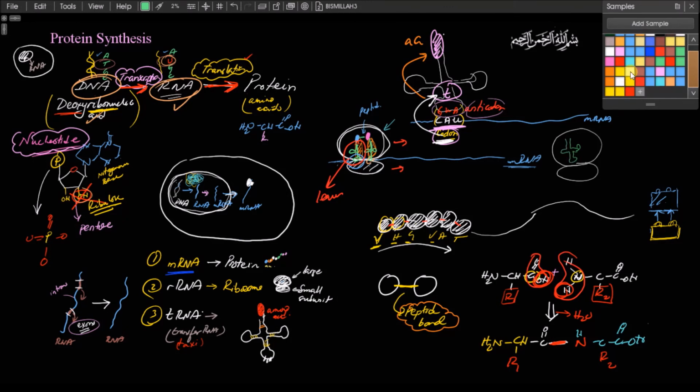Now it has its amino acid with the peptide bond attached to another amino acid like this. And then another transfer RNA is going to come and attach over here, and the process is going to begin again and again, and then you're going to string together an entire protein like this.